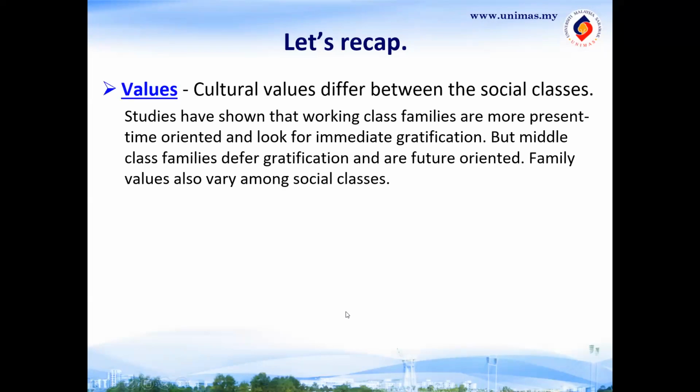So the values, ya, cultural values also differ between social classes. Studies have shown that working class families are more present time oriented, and look for immediate gratification. Itu untuk mendapat satisfaction or gratification immediately.